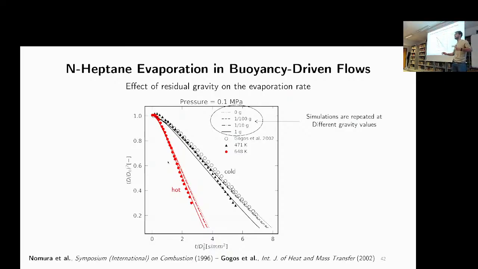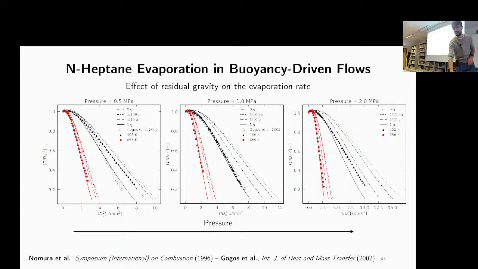Of course, there is not much difference at atmospheric pressure, but as we increase the ambient pressure, you can see that, for example, for the 20 atmosphere case, even a small residual gravity can have a strong impact on the vaporization rate of these droplets.